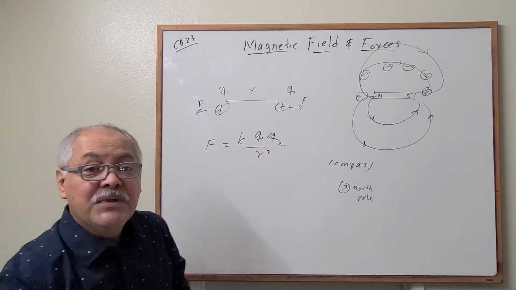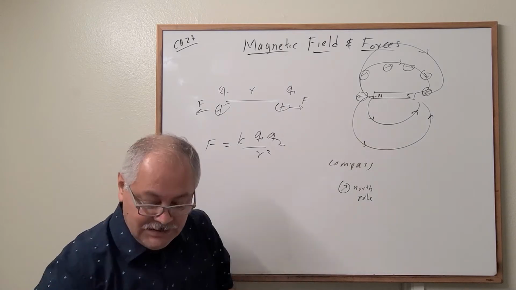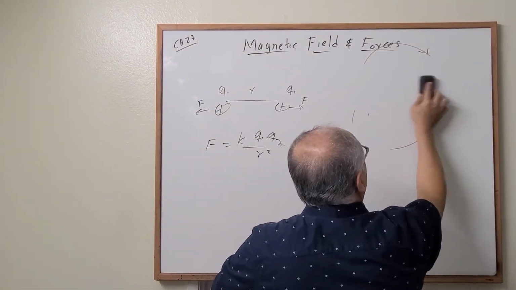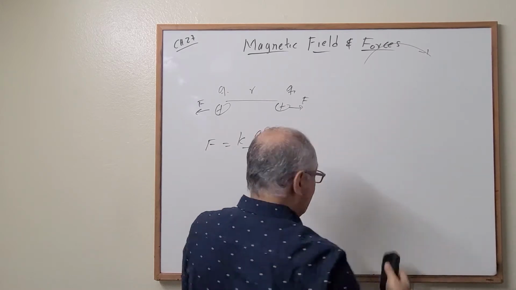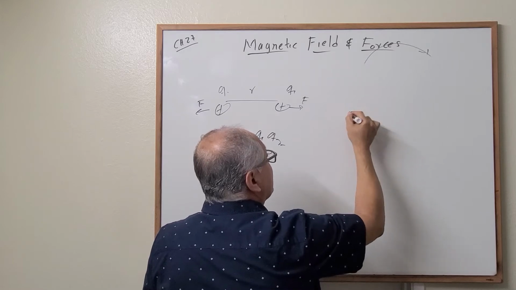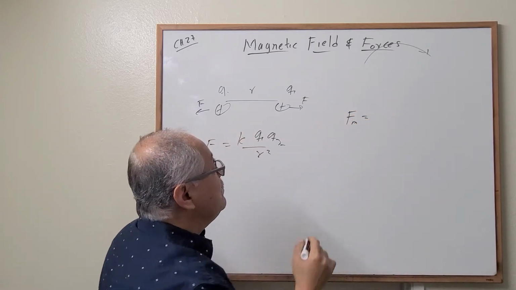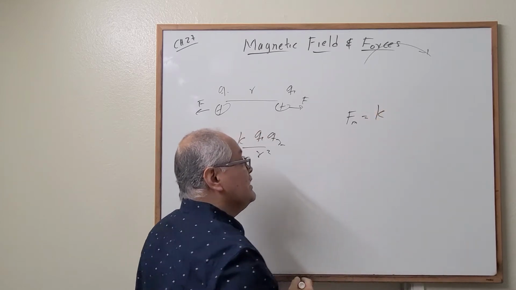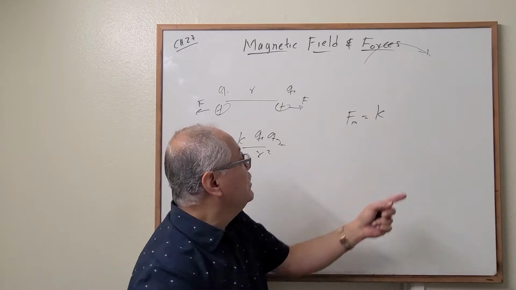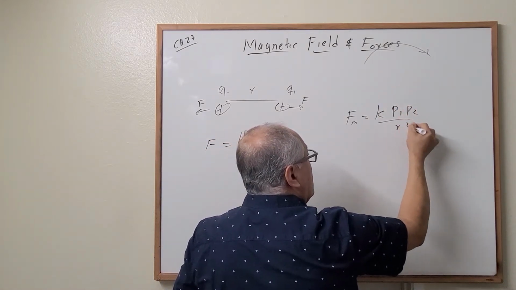We can do the same thing using the poles, the pole's strength. In the same way, we can find that the magnetic force using the poles is equal to k, a constant, the constant of magnetic proportionality in this case, times, imagine this is P1, P2, divided by r squared.